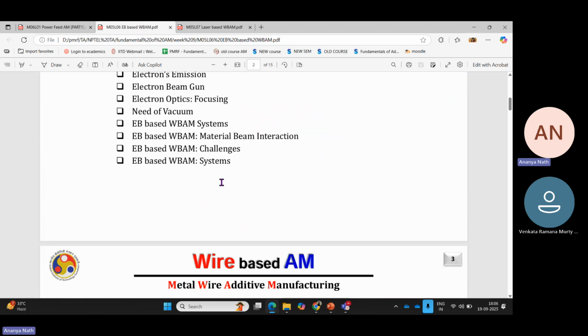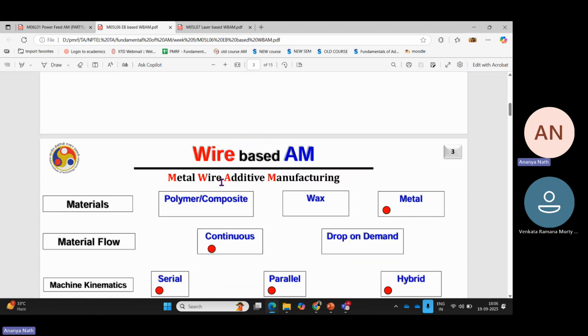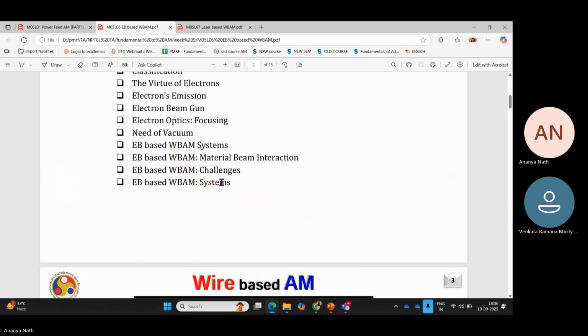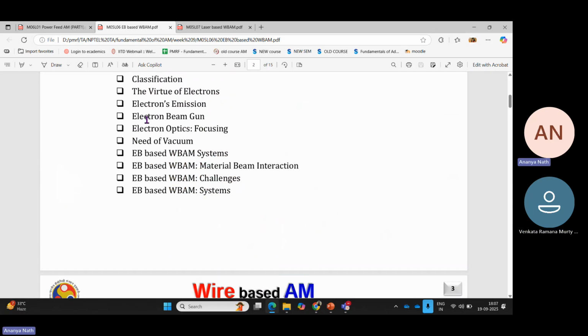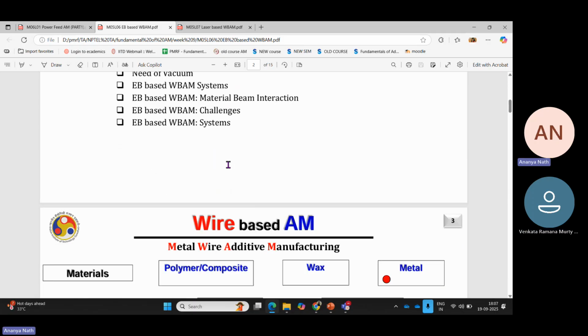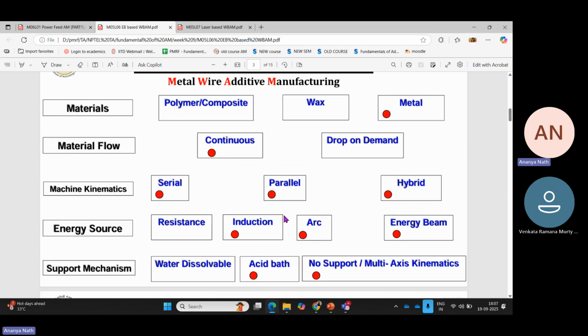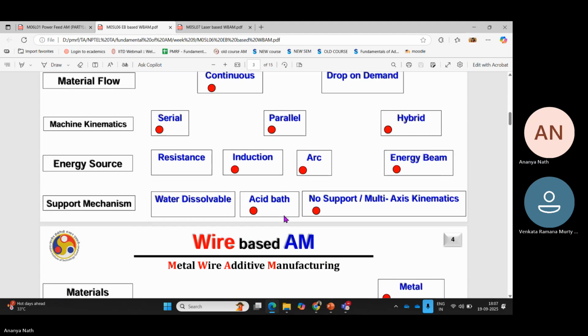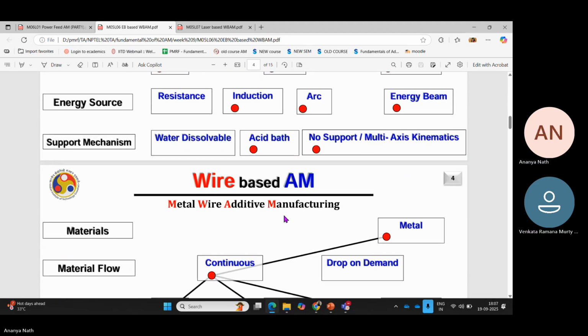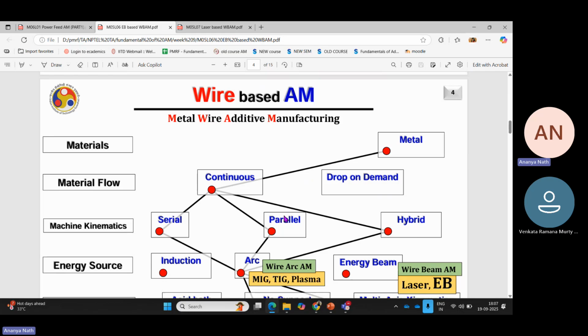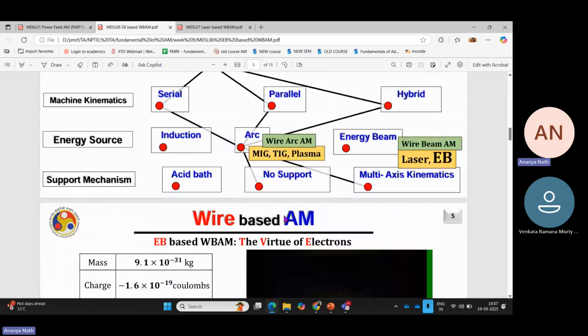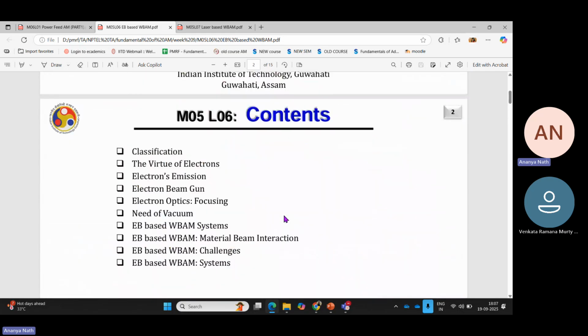I was having these three notes. Okay, electron beam gun, you are talking about that? Okay, in the beginning, you are saying. Yes, in the beginning, that is there. Okay, then we can start with the electron beam based wire additive manufacturing.